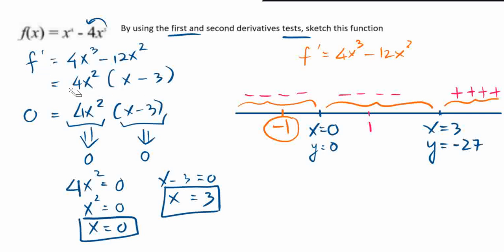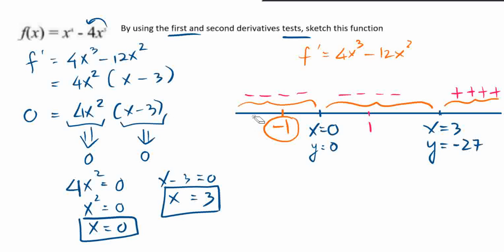Now we put the first derivative equal to 0 because this is the stationary point. It equals 0 when 4x squared equals 0 or x minus 3 equals 0. For 4x squared equals 0, x squared equals 0 and x equals 0. For x minus 3 equals 0, x equals 3.